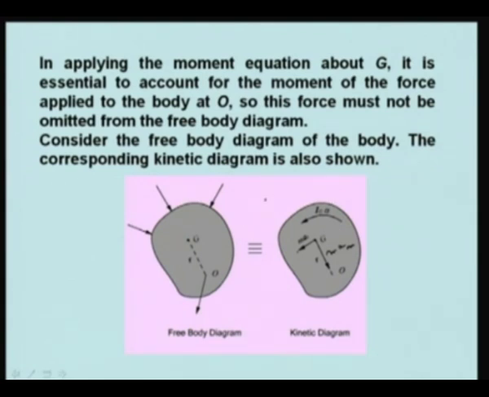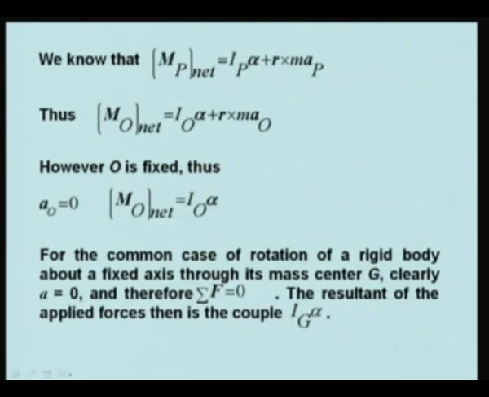You have to transform these forces into a resultant force passing through G, and then you can find out mass into acceleration. The mass into acceleration vector will be in the same direction as the resultant force passing through G, and then you can find out IG into alpha, because if you can find out the moment of all the forces about G, then you can get this thing.